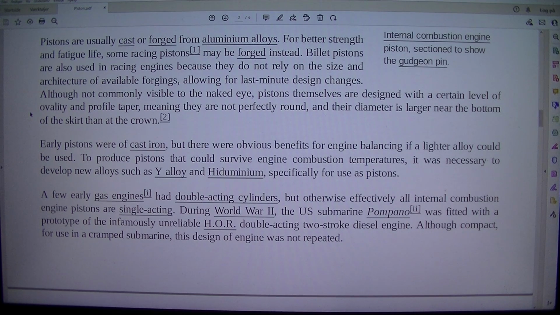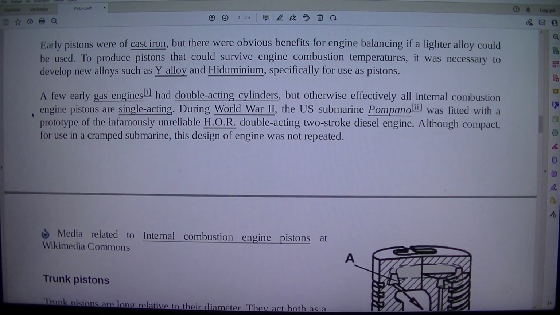Although not commonly visible to the naked eye, pistons themselves are designed with a certain level of ovality and profile taper, meaning they are not perfectly round, and their diameter is larger near the bottom of the skirt than at the crown.